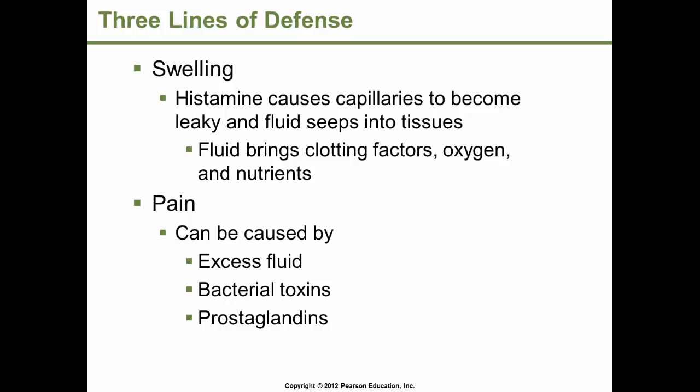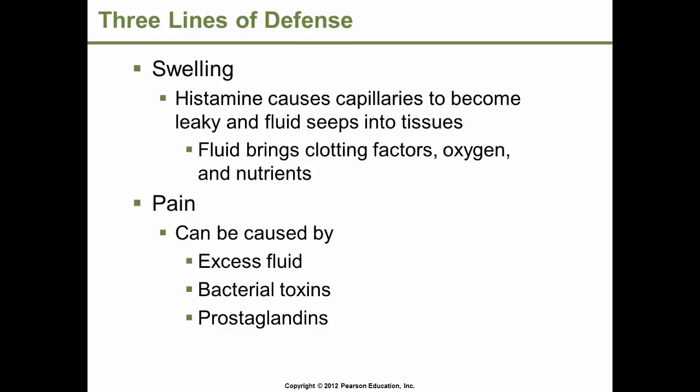Swelling is histamine, a chemical, causing the capillaries to become more leaky, and fluid seeps into the tissues. This is where we get our swelling. This fluid brings clotting factors, oxygen, nutrients.